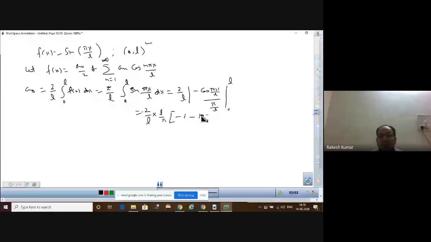So that is minus 2 and minus 2 will be minus 4, so a0 is 4 upon pi. So this is your value of the first Euler constant.